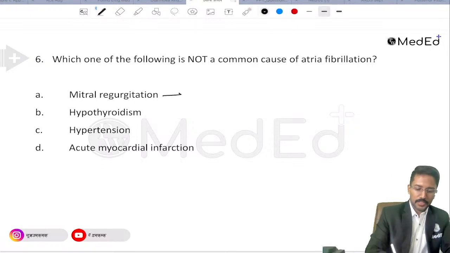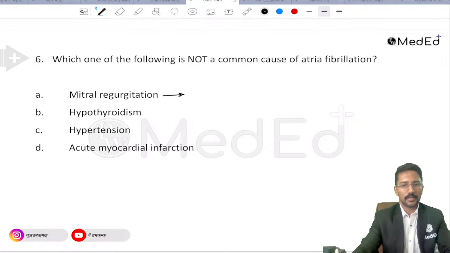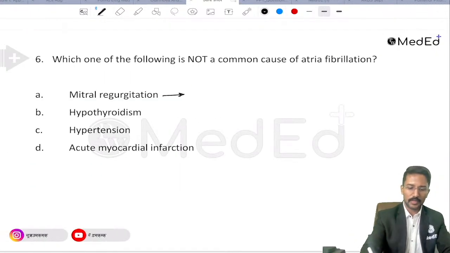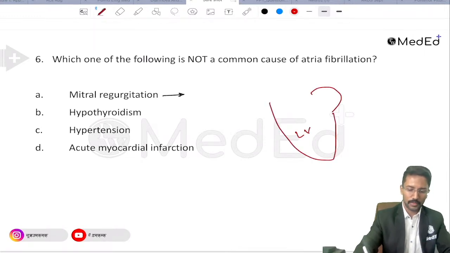Okay, can mitral regurgitation be associated with atrial fibrillation? MR can be associated, right? We just discussed the pathophysiology that when there is mitral regurgitation, during left ventricular systole, the mitral valve fails to keep itself closed.